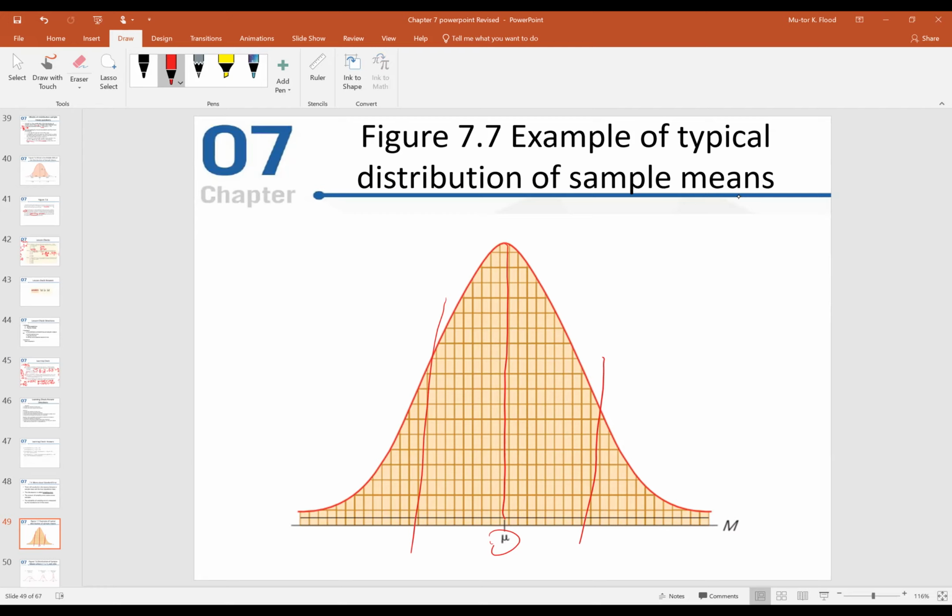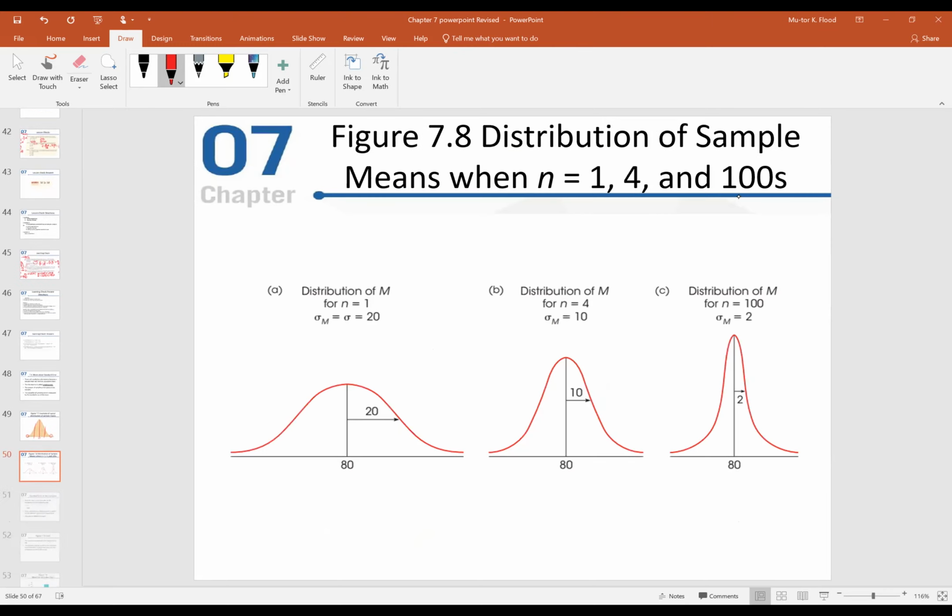However, there are going to be sample means in the tails that are very, very far away from the population mean. We are going to consider those in the tails to be extreme samples. Before it was extreme scores. Now we would consider those to be extreme samples.